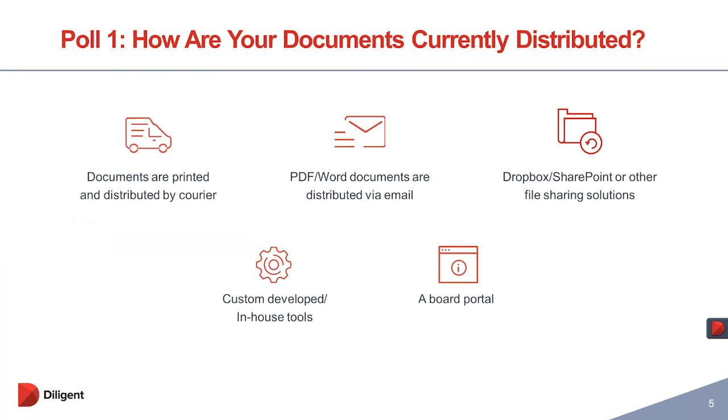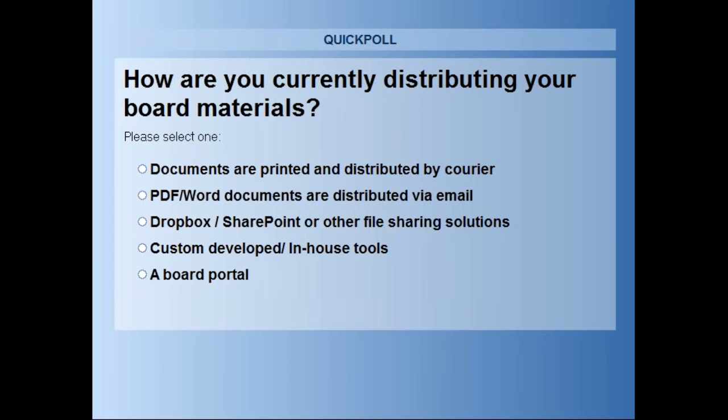But before we get down to that, it will be interesting to see how people are collating their materials. You will see now a poll asking the question, how are your documents currently being distributed? As you can see, there are 5 options for you to choose. 1, documents are printed and delivered by courier. Or 2, documents are created as a PDF first and then sent via email.